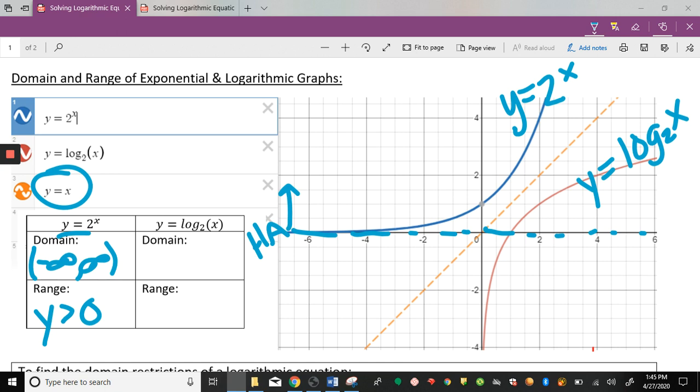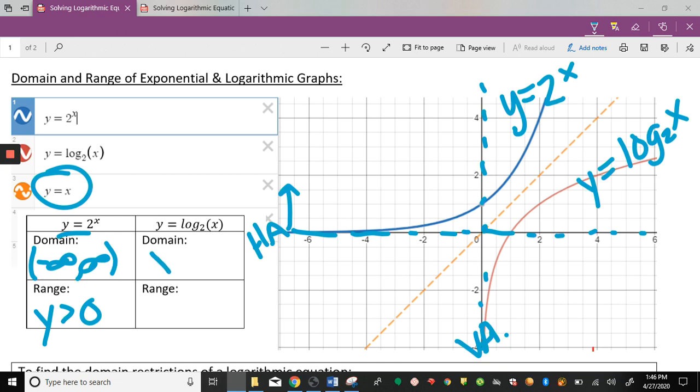What about the log function? Well, the domain this time is cut off because we have what we're going to call a vertical asymptote. Hopefully that makes sense. The HA horizontal, VA vertical asymptote. And so your x's won't go past this line. In fact, they'll be greater than 0, and they won't actually reach that asymptote.